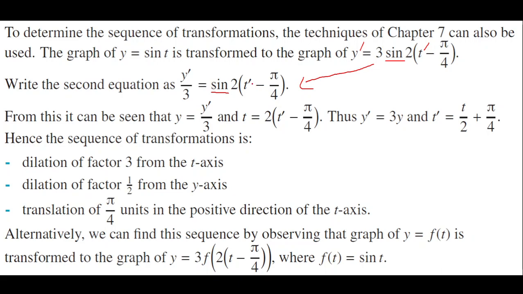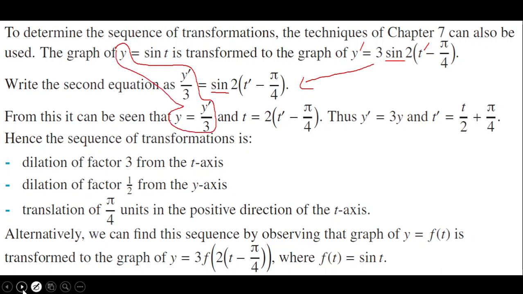So the right hand side, sine of whatever we have here, looks very similar to that. And the left hand side, we're going to match it to y. By matching the left hand side, y, to y prime over 3, we're going to get this one.